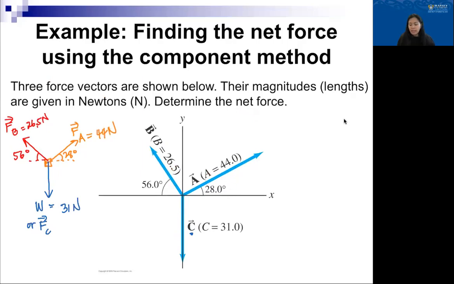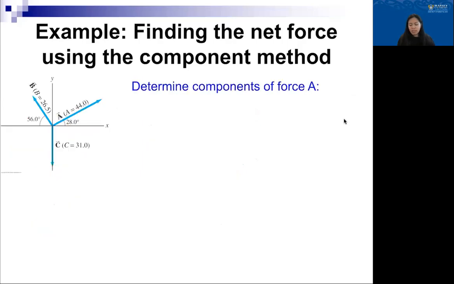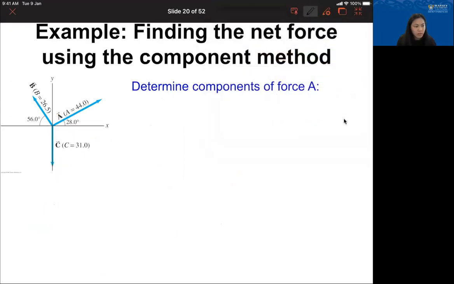Again, we look at one vector at a time. So first, let's look at vector A. Vector A is diagonal, so we need to find the components of vector A. We've already derived this equation earlier, so we don't need to go through the derivation again.